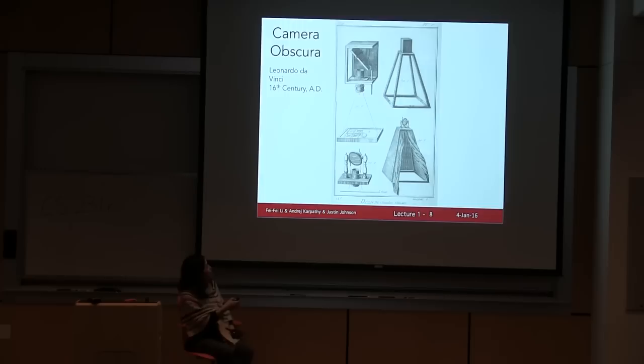I'm not going to get into the details, but you get the idea that there is some kind of lens, or at least a hole, to capture light reflected from the real world, and then there is some kind of projection to capture the information of the real world image.